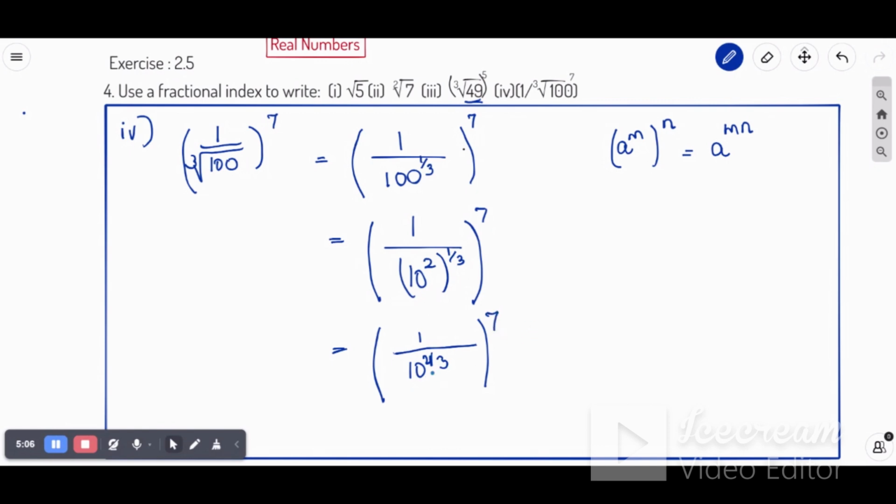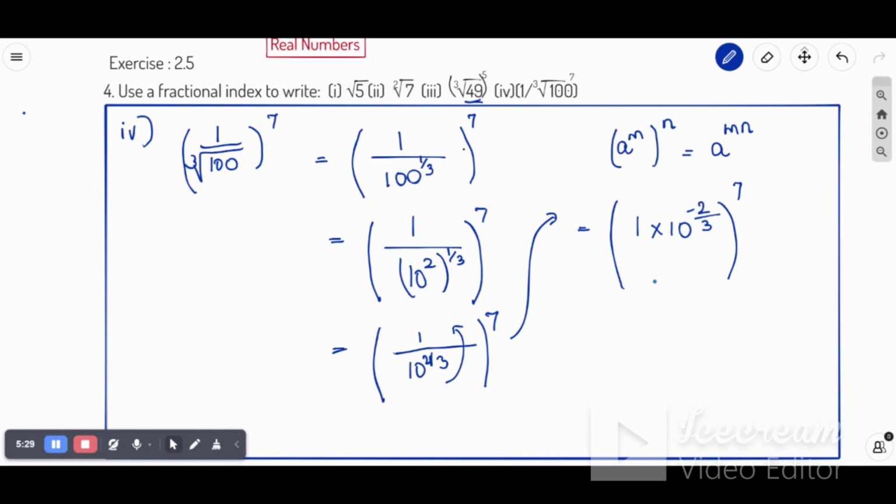Now, if you see, it is in the denominator. What can we do to bring it to the numerator? Yes, we have to put a minus sign. Keep this bracket as such, don't confuse, and put your 1 also as such. This fully you bring to your numerator, which means 1 into 10 to the power minus 2 by 3.